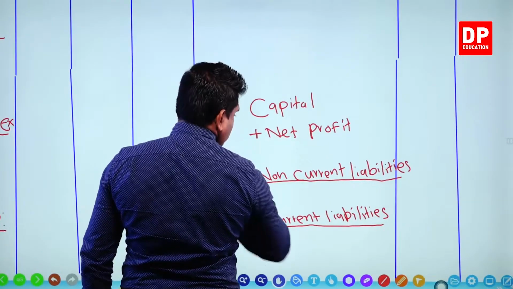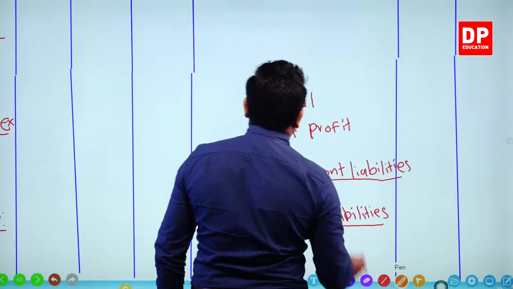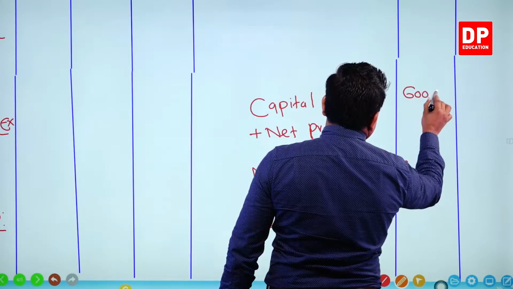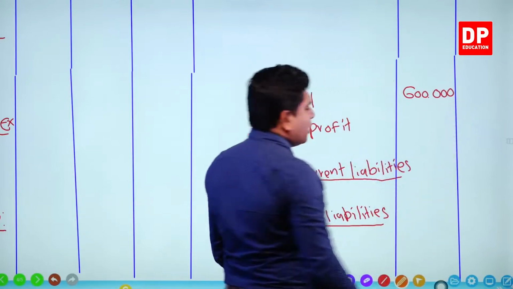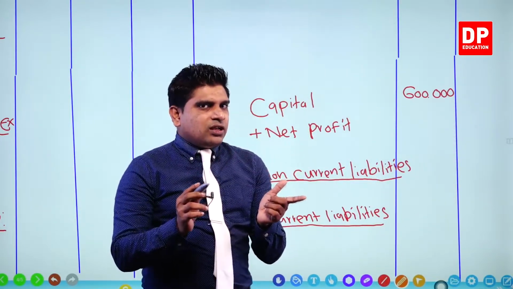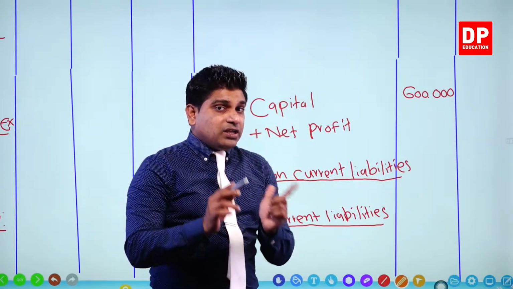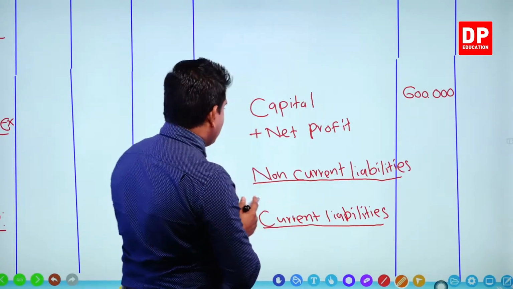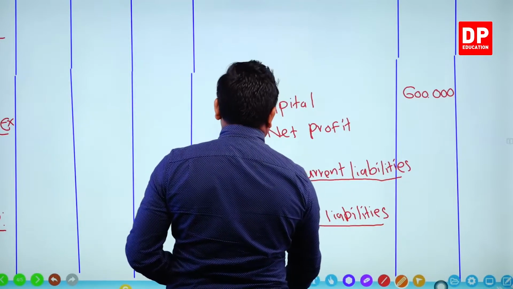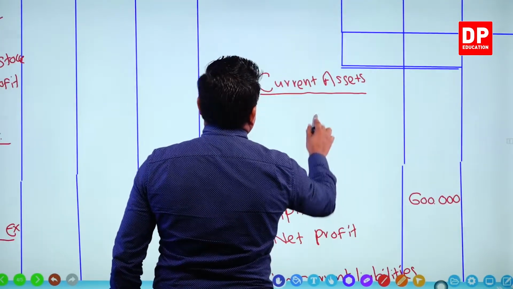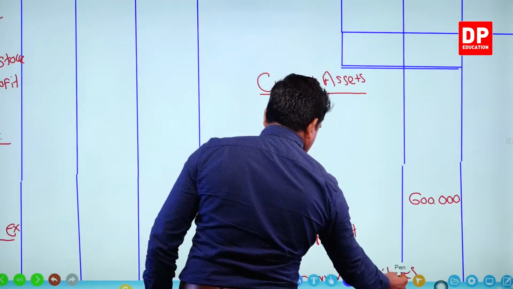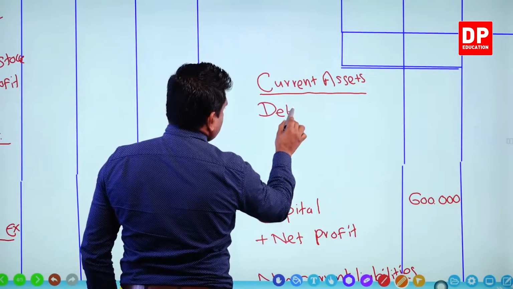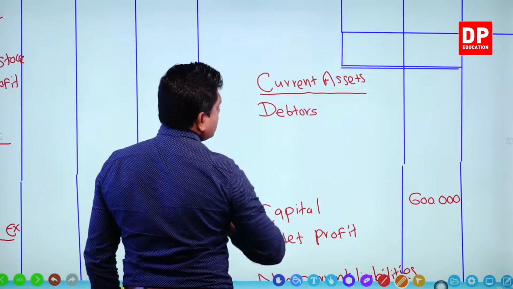Capital 600,000. Do you remember the next one? It was trade debtors, the value is 34,000. Where do we put it? Under the current assets, right? Debtors 34,000.